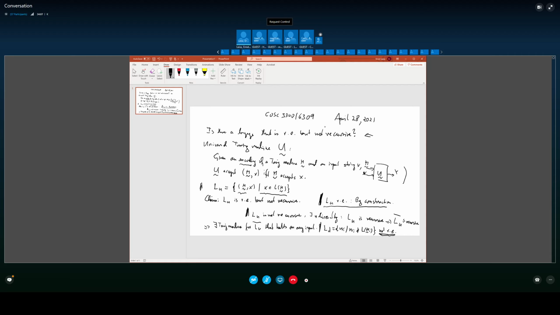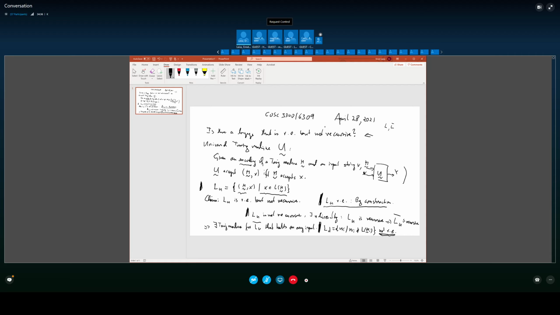So L sub U and L sub D essentially are complements of each other, and if you recall, if you take an arbitrary language and its complement, then they can either both be recursive, or both be non-RE, or one of the two is RE but not recursive, and the other one is not RE.